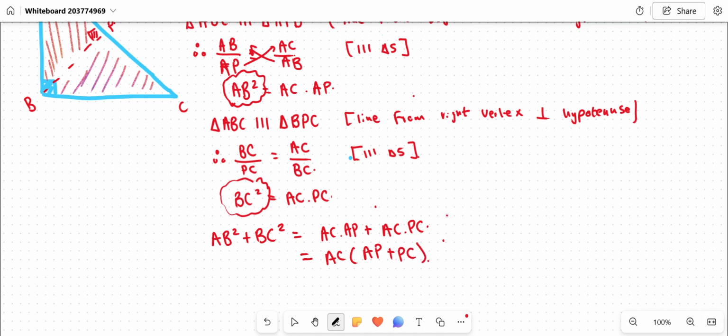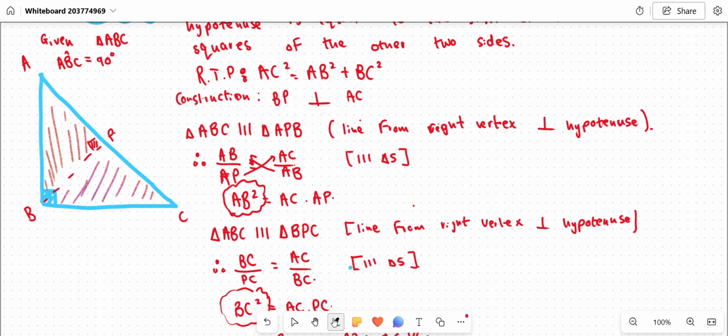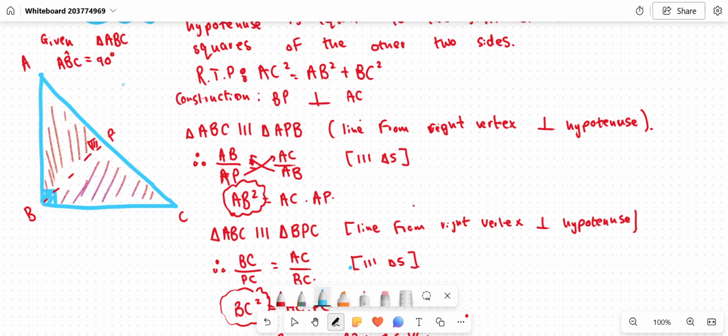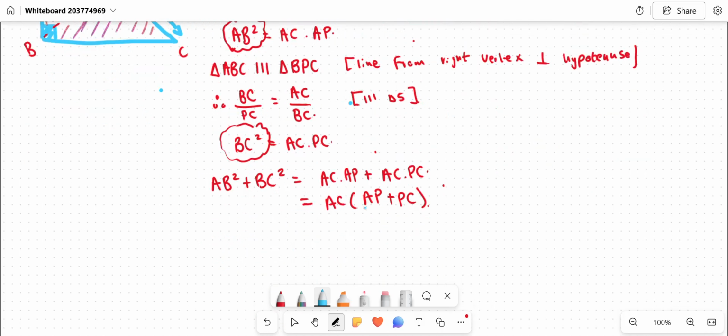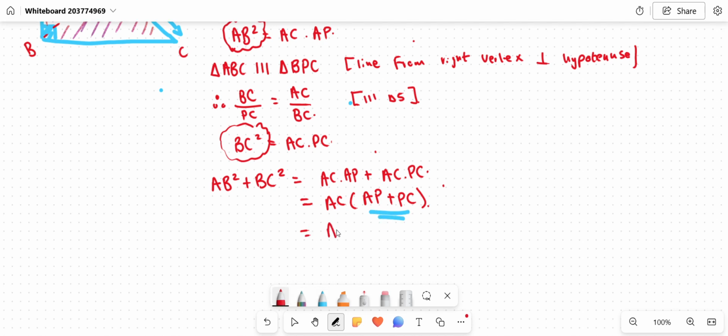And if you look at the picture closely, you will see that AP is in fact this distance here, and PC is in fact this distance there, and added together they give you this total distance, which is the AC distance. So this in the brackets simplifies to just AC. So AC is being multiplied by AC, and so AC squared is equal to each one of these.